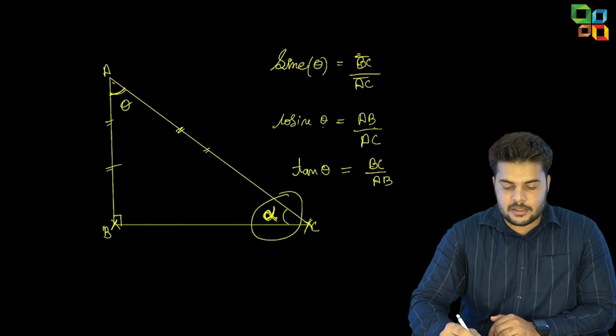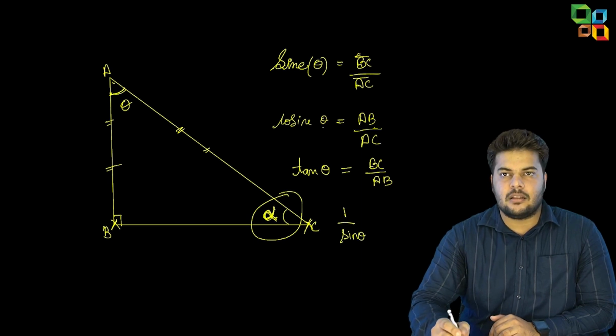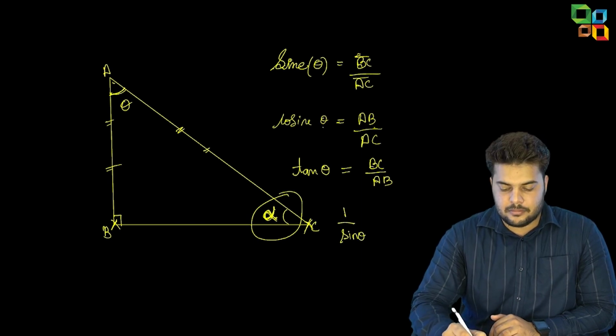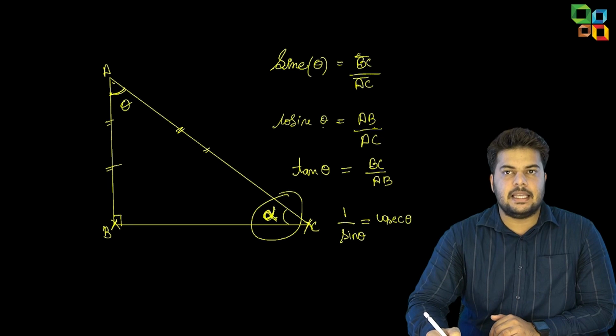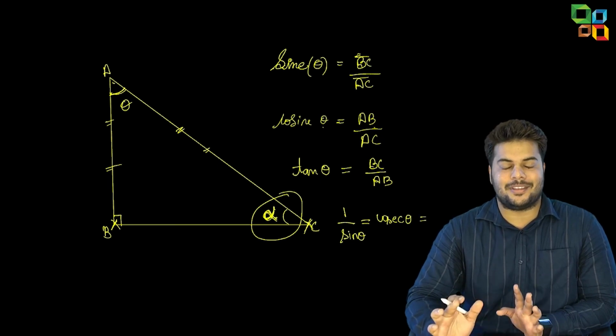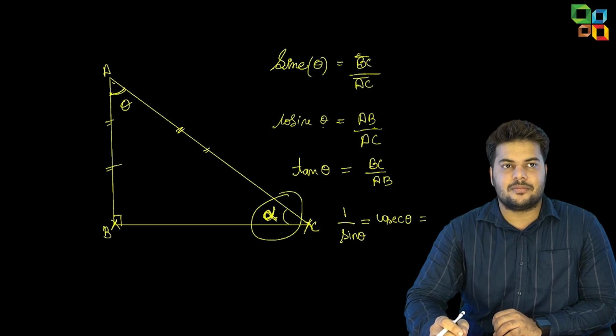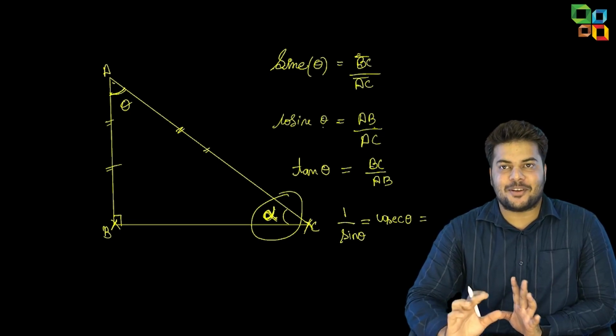So I'm going to define something called 1 by sine theta. But instead of calling it 1 by sine theta again and again, we are going to give it a name. 1 by sine theta, from this day onwards, we are going to call cosecant theta. Now these names are not accidents.